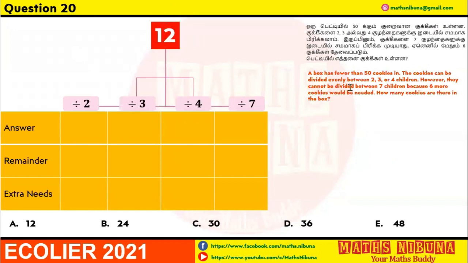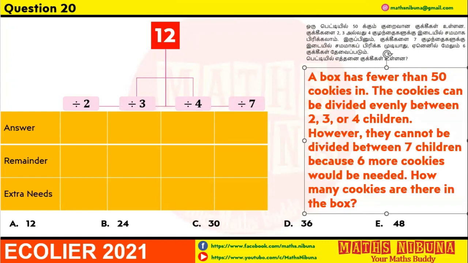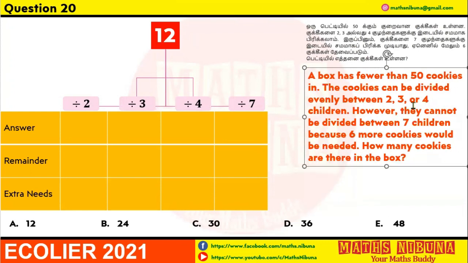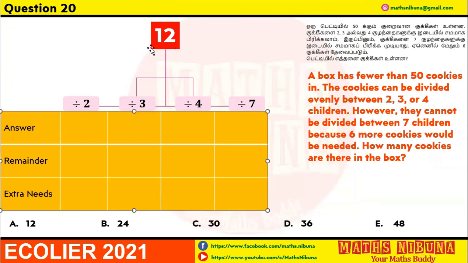They say it can be divided evenly between 2. Can 12 be divided by 2? 12 divided by 2 is 6. So no remainder, we don't need extra. Okay, 3. 12 divided by 3, I get 4. So also no remainder, so no need for any extra cookies.